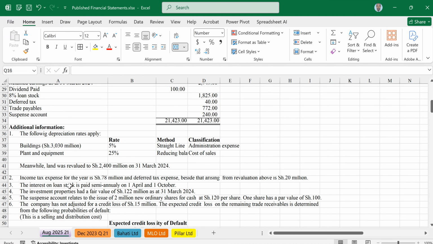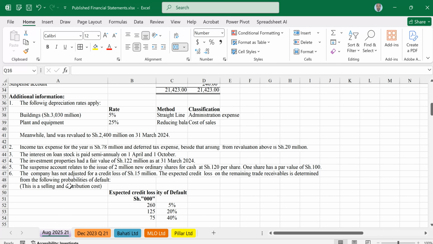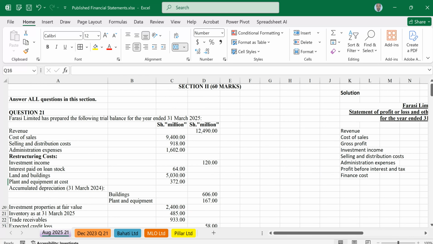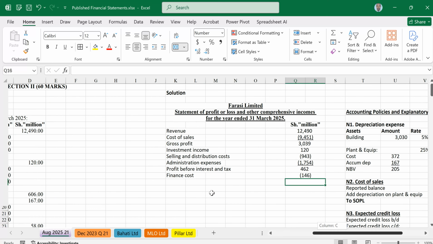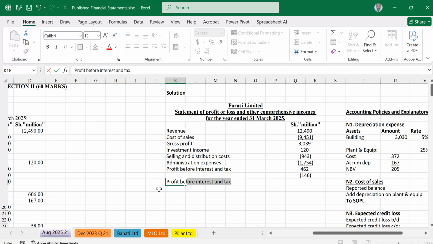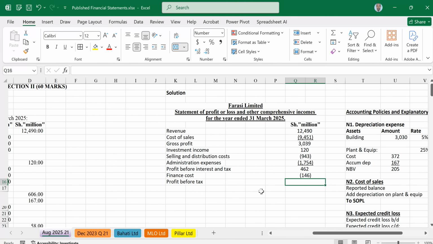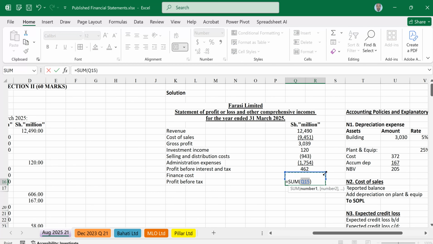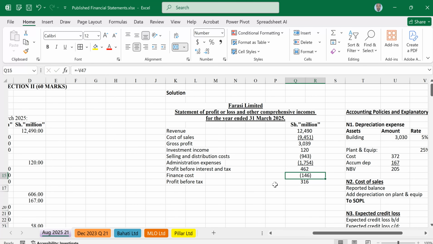None. So get the profit before tax. Profit before tax. So profit before tax is 316.